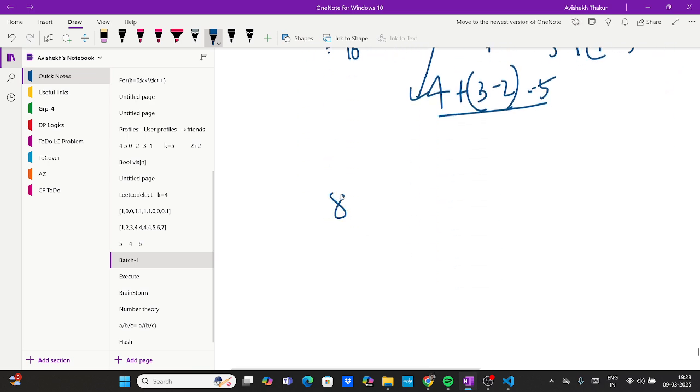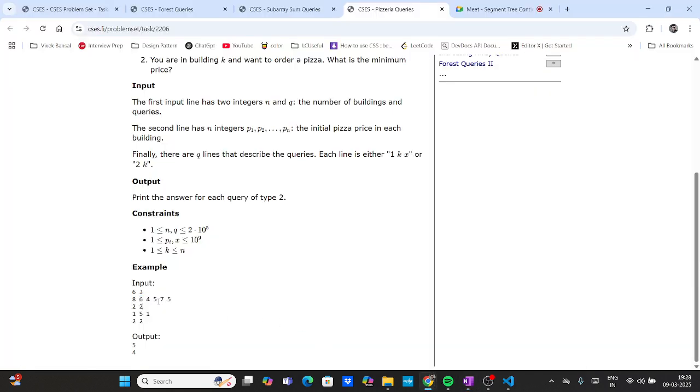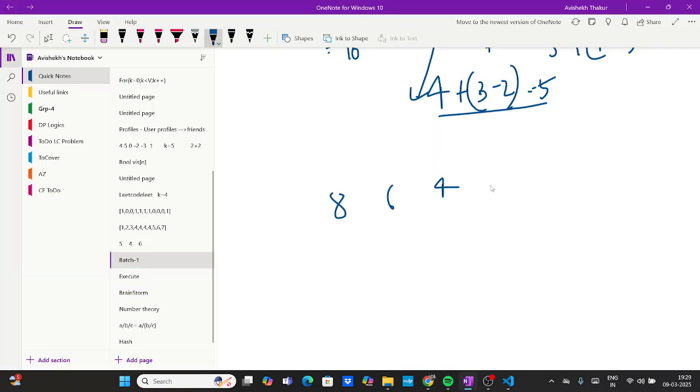Now what they are saying is, go ahead and change the fifth element to 1. Now again we are standing here. What's the best way to bring it?